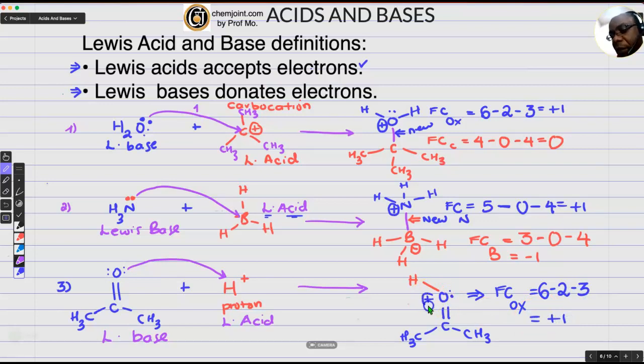We need to show a positive here. Hydrogen itself is gonna lose the positive charge because now it has electrons. If you want, you can do the formal charge of hydrogen: valency of 1 minus no lone pair on it minus 1 bond is 0. The proton becomes the Lewis acid, acetone becomes the Lewis base.